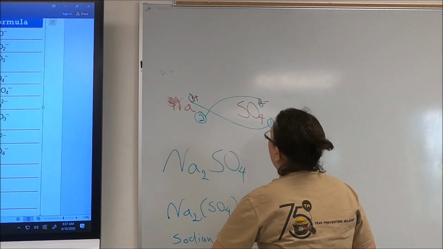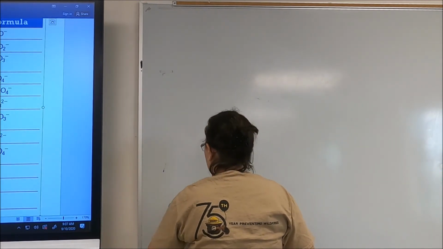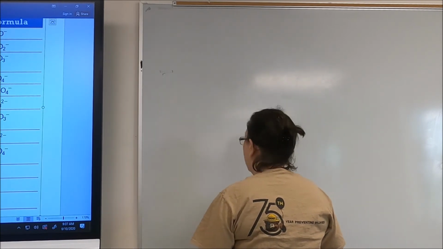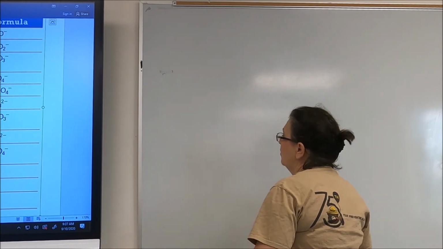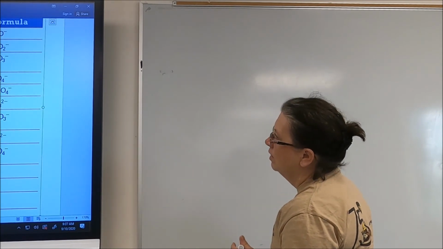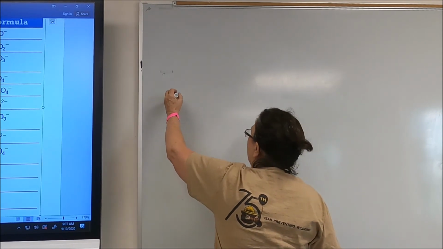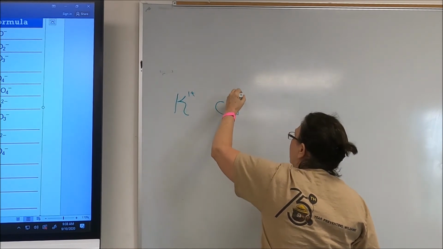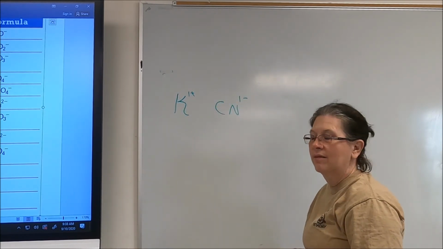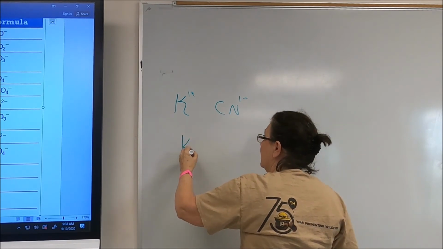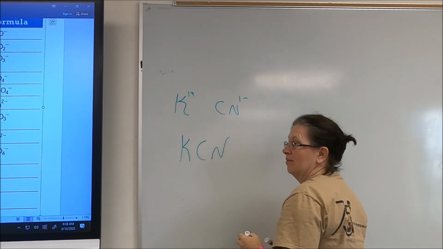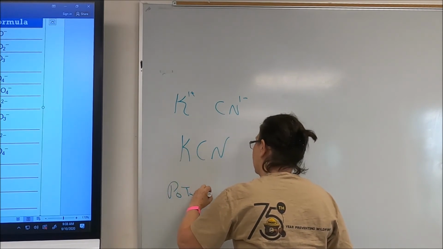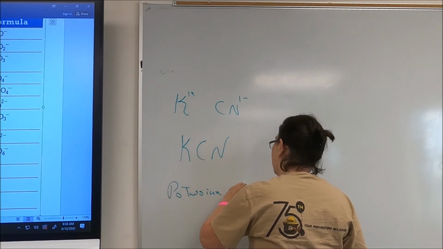Okay. Now let me show you, let's say I have K 1+ and CN 1-. Then these would combine to KCN, potassium cyanide.